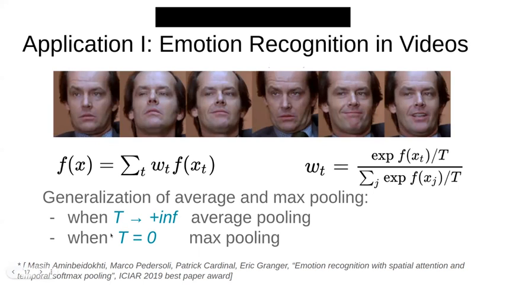And if this temperature is close to zero, we go to max pooling, where we select a single frame, the maximum scoring frame, as representative of the entire video sequence.